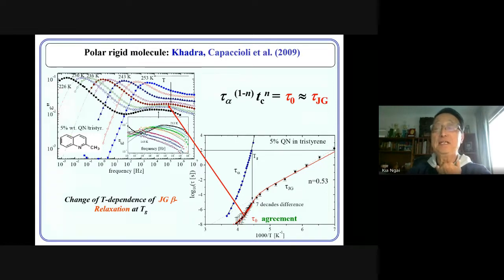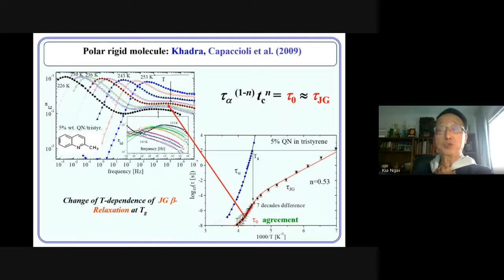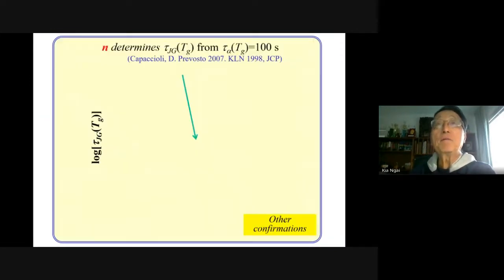On the bottom right, you see the relaxation times measured dielectrically, at ambient pressure. And you see good agreement with the tau zero calculated by the formula there on the right top. So it verifies the tau zero, tau JG relation.